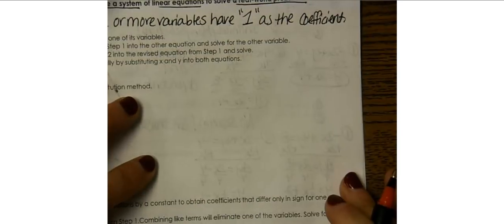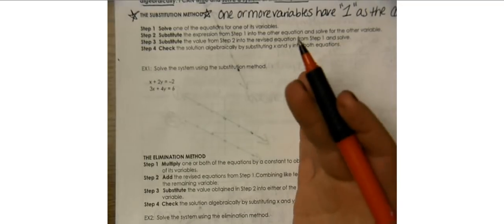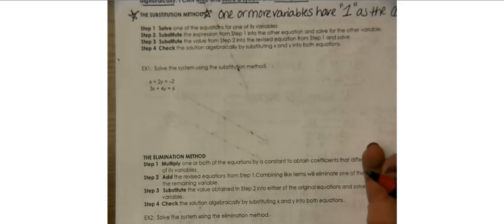So if you see that you have an x or a y alone, like in this problem, we have x + 2y = -2. x has a coefficient of 1. Whenever you see that, substitution might be the faster or better approach.